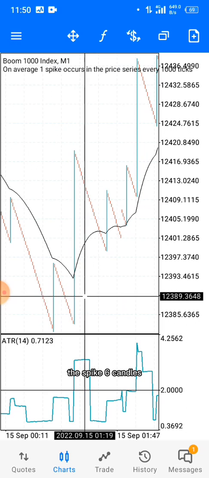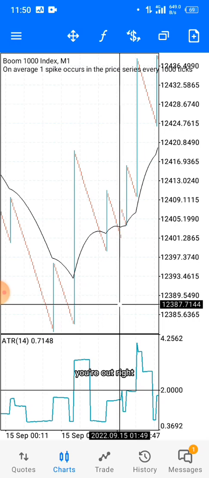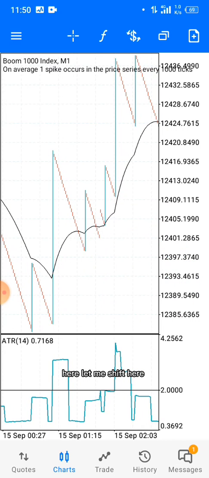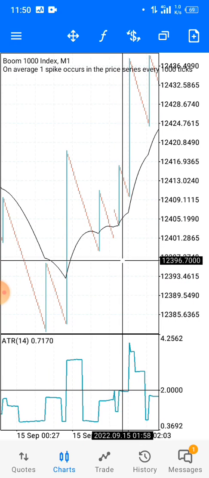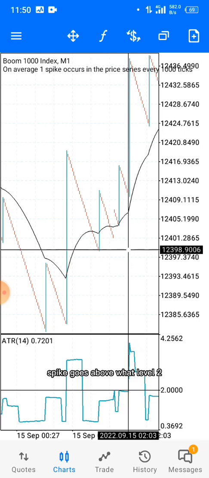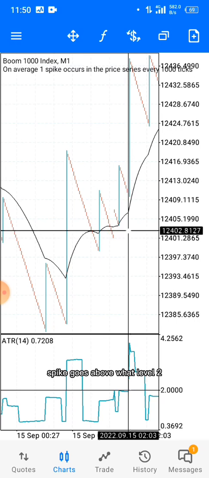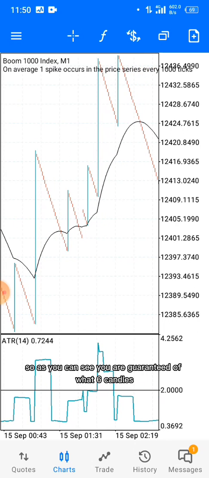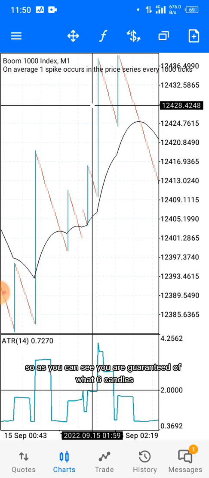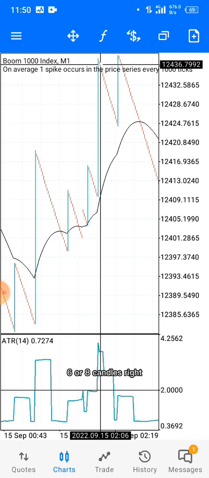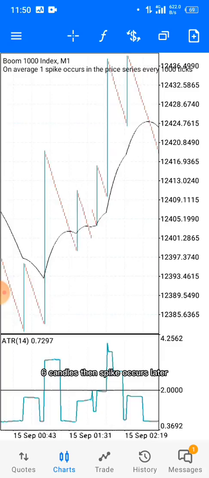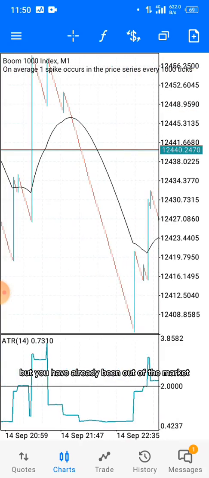There's a spike, 6 candles, you're out. Right here, let me shift. Spike goes above level 2, 6 candles, you're out, right? So as you can see, you are guaranteed 6 candles, 6 or 8 candles, and then a spike occurs later, but you'd have already been out of the market.